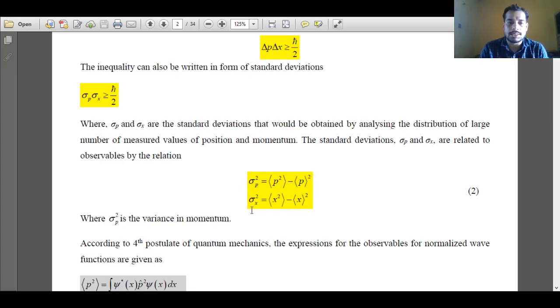Similarly, the variance associated with position is equal to the expectation value of position squared minus the expectation value of position, the whole squared. So we get the variance with respect to position and the variance with respect to momentum. Now to get the standard deviation, we take the square root of these quantities, and we get the standard deviation with respect to momentum and the standard deviation with respect to position.